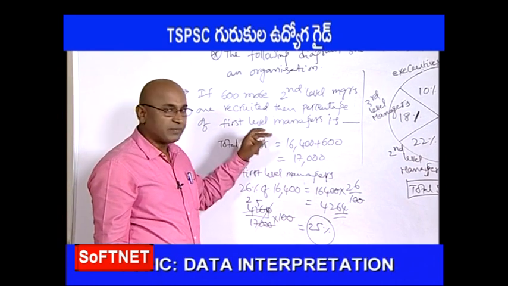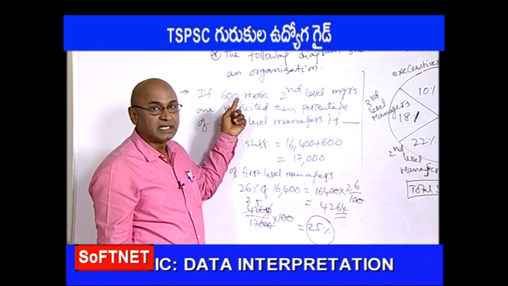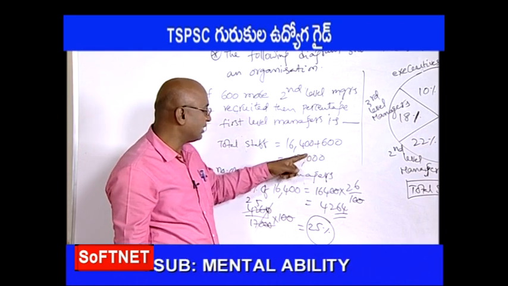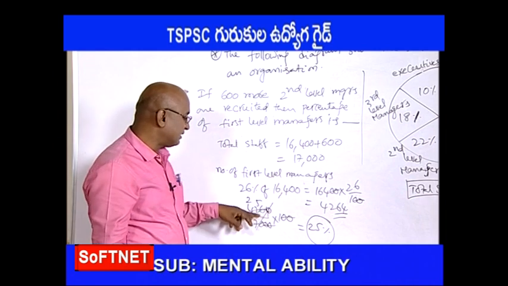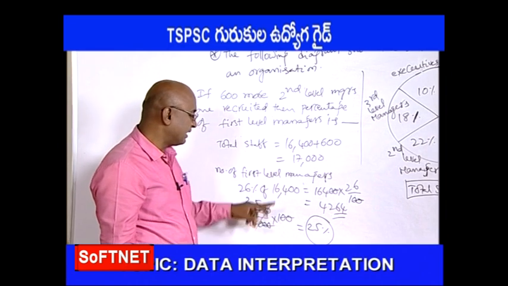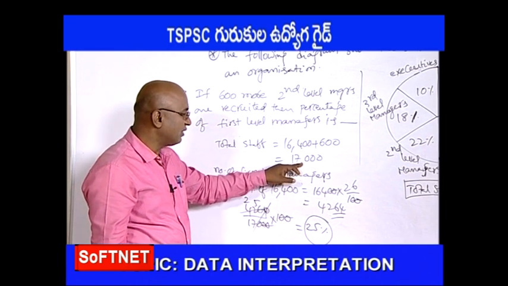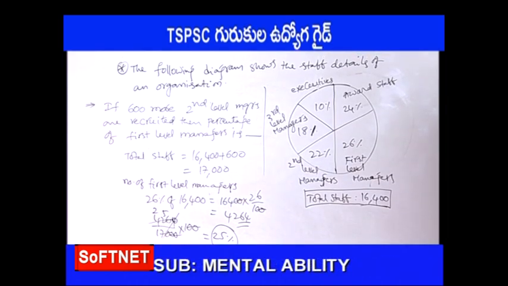Now the number of employees is increased, so we add the 600 to the initial value. The total number of employees is now 17,000. Then the percentage of 4,264 in 17,000 is 4,264 by the base value 17,000 into 100, which will give you 25%.